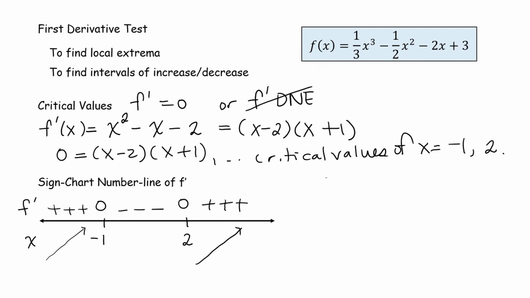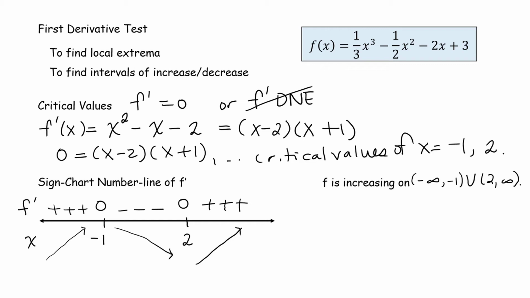And so we say that the function f, not the derivative, but the function f, is increasing on -infinity to -1 unioned with 2 to positive infinity. Between -1 and 2, the derivative is negative. If the derivative is negative, the graph would be falling.